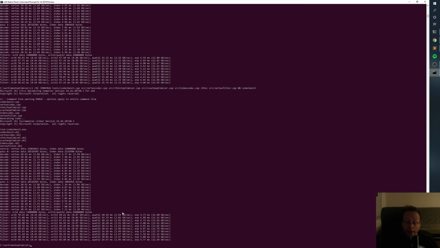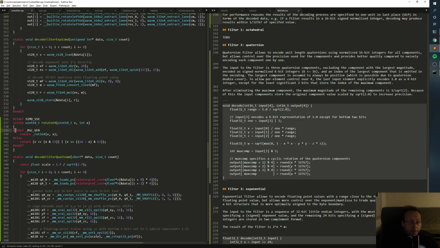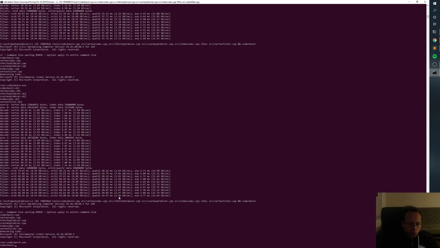And now, oh, Microsoft's compiler runs even faster now at like 3 GB a second. Interesting. Cool.